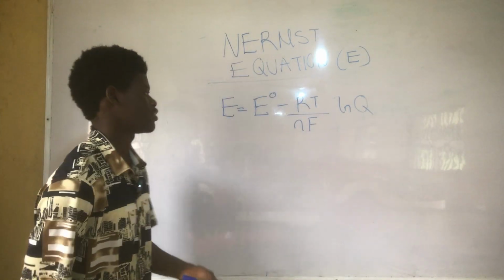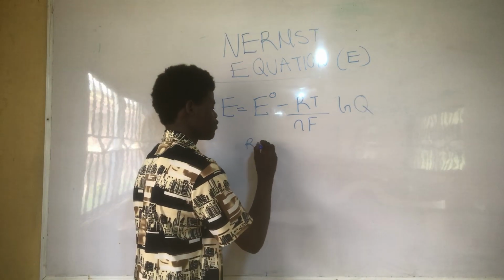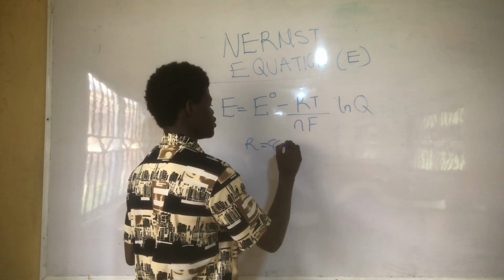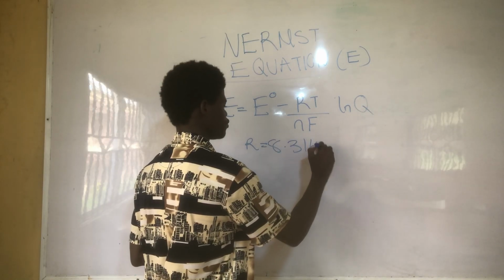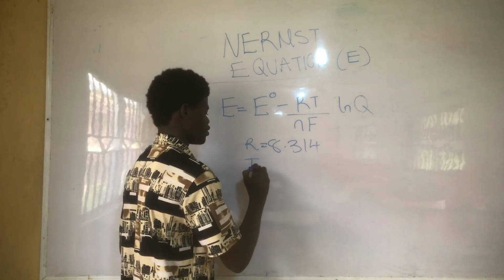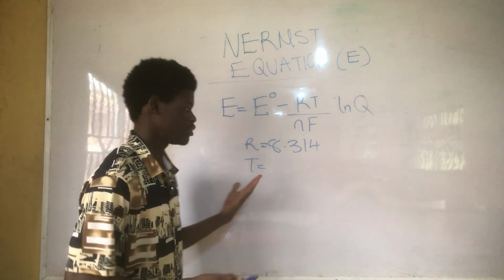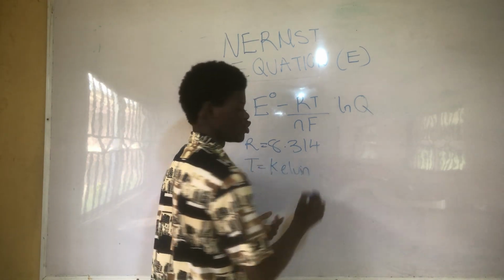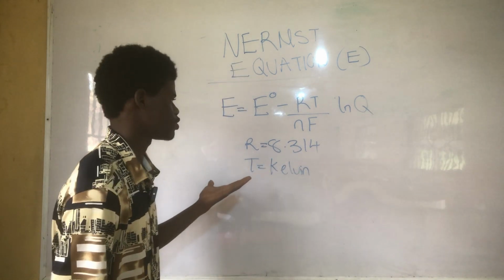So what's our R? R is the molar gas constant, which is 8.314. Our temperature is T. The temperature has to be in Kelvin and it will be given in the question, of course.